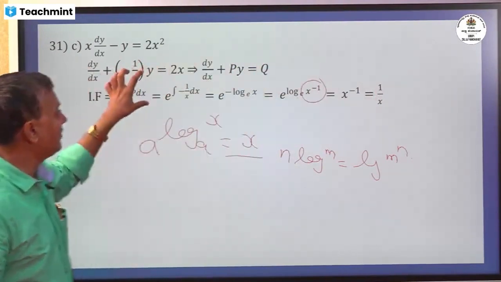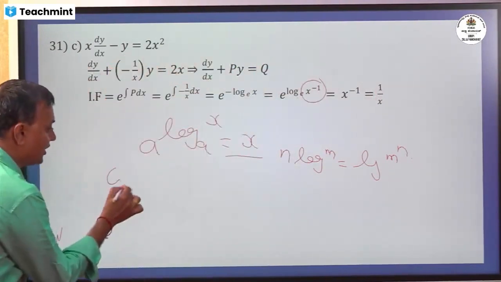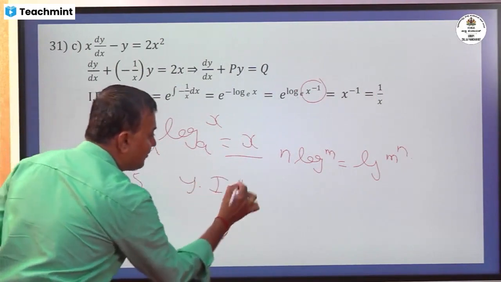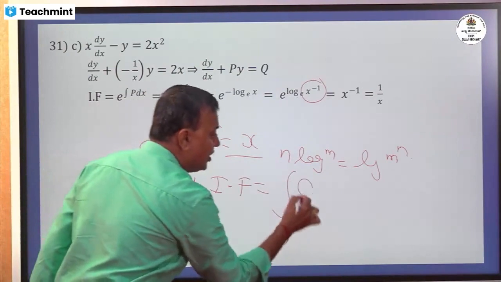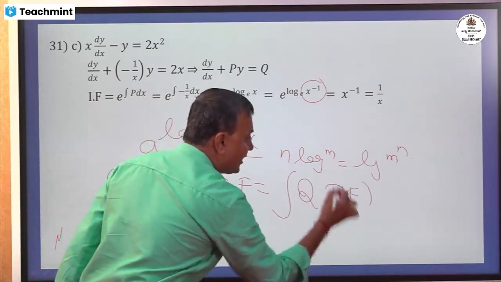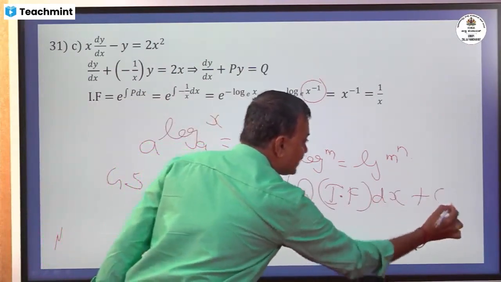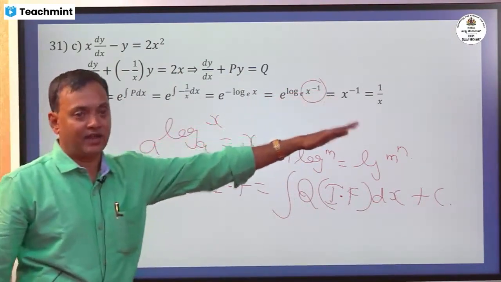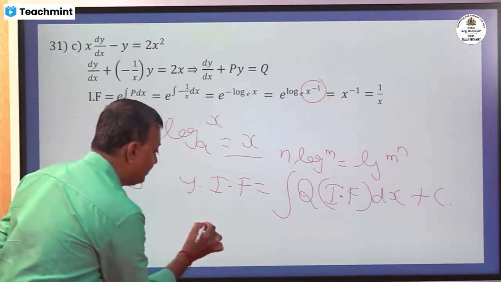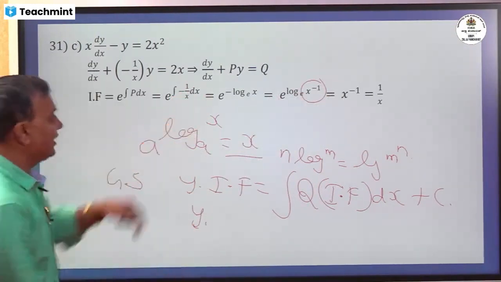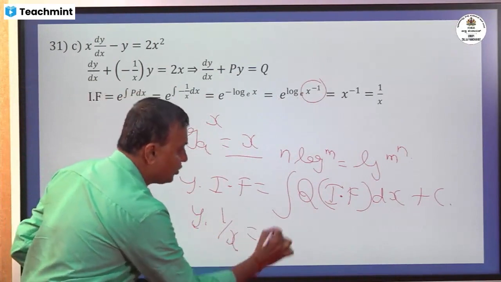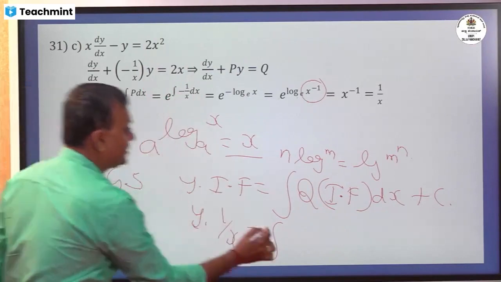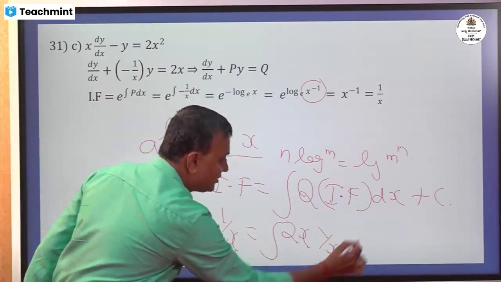So ಇದರ integrating factor ಮಾತ್ರ ಕೇಳಿದೆ. ಈಗ ಜನರಲ್ ಸೊಲ್ಯೂಷನ್ ಆದ್ರೆ ಏನು, y into integrating factor is equal to integral of q into integrating factor with respect to x plus c. ಇಲ್ಲಿ ಕೇಳಲಿಲ್ಲ, here asked only integrating factor, but ನಾನು ಮಾಡ್ತಾ ಇದ್ದೀನಿ, y into integrating factor, 1 by x, is equal to integral of q, 2x into 1 by x dx.